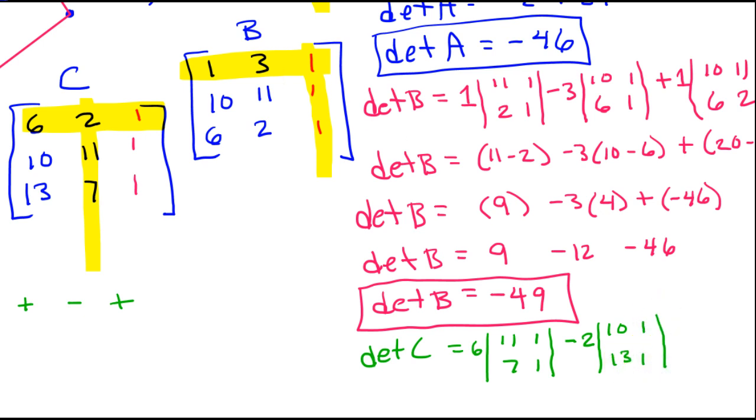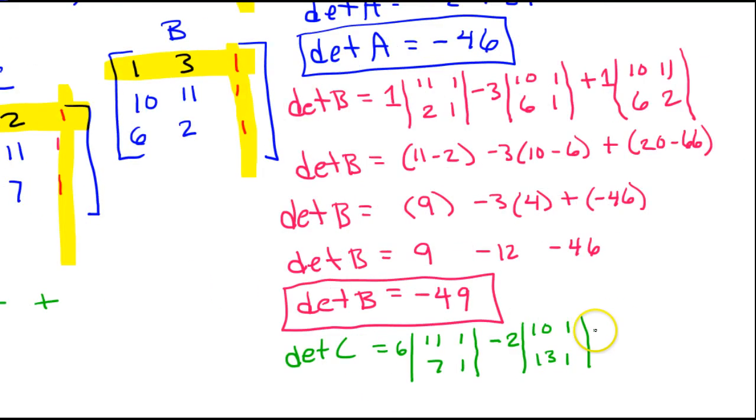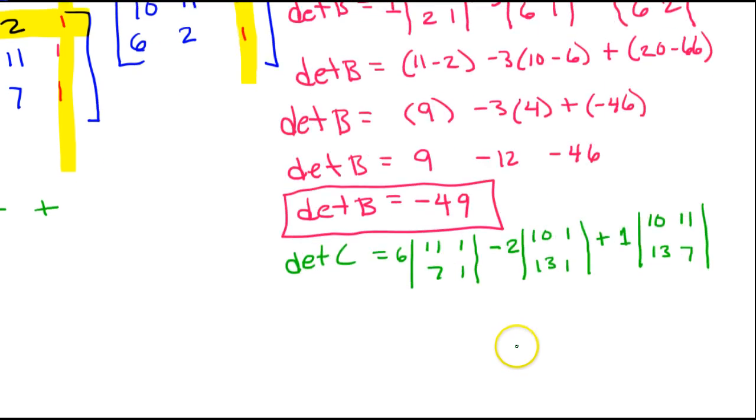And then it's time for the third cofactor and minor. So the third cofactor is 1, which leaves the minor determinant 10, 11, 13, 7. All right, so I just need to evaluate these.